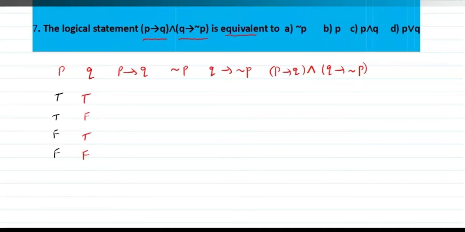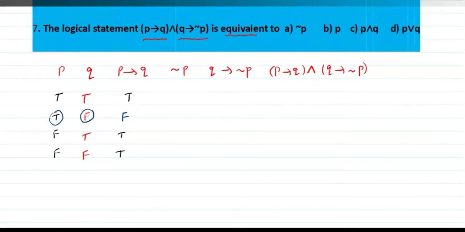Now come to P implies Q. The definition of P implies Q is, when the first statement is true and the second statement is false, then only the statement is false. In the remaining cases, the truth value is T only.